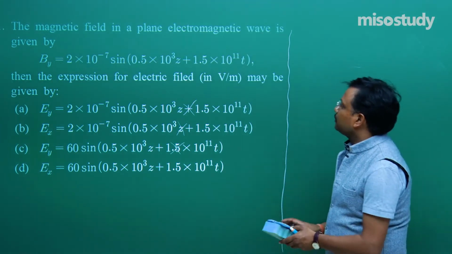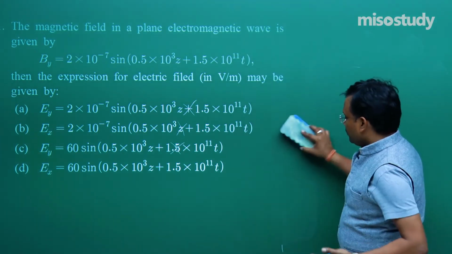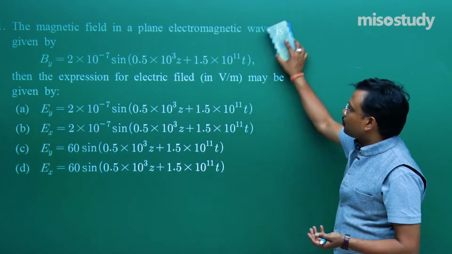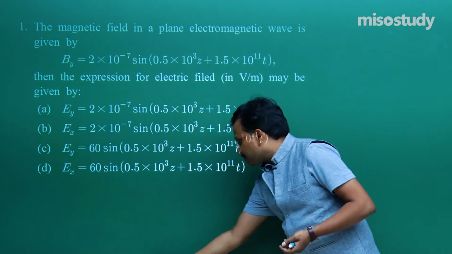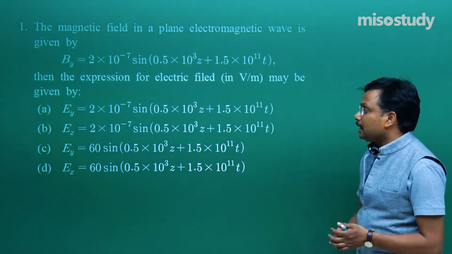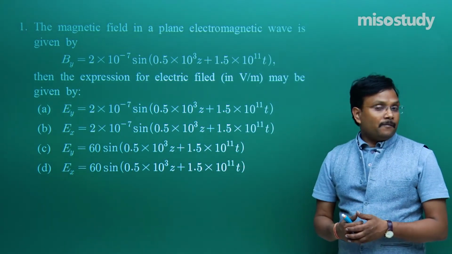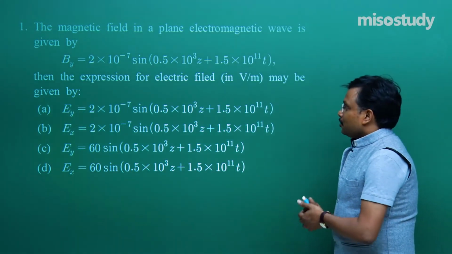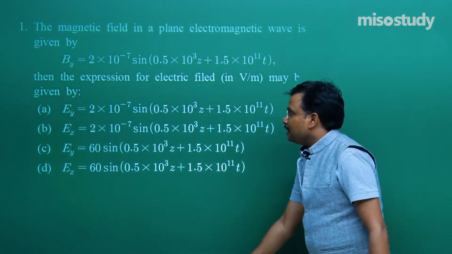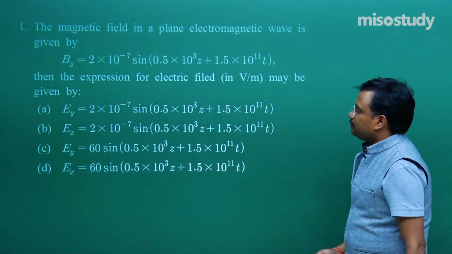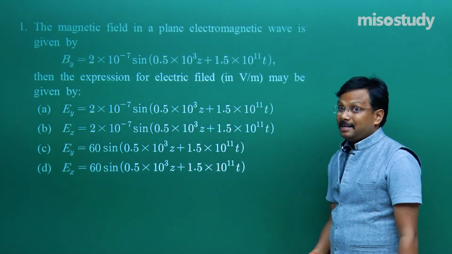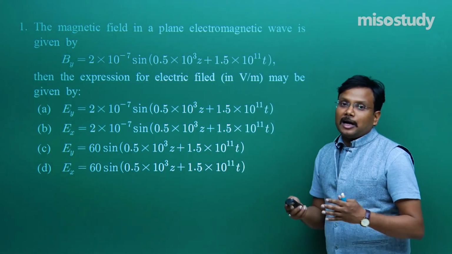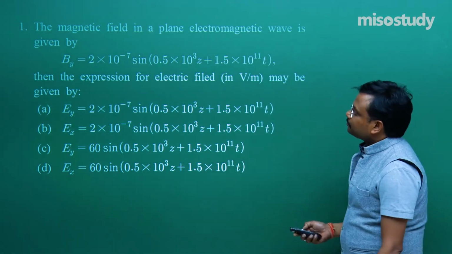If you start learning physics in this fashion, you will score good marks, and physics is the subject which for medical students ultimately decides whether you are going to become a doctor or not. So it is an important subject, please do not take it lightly and do not take it in a very difficult manner either.